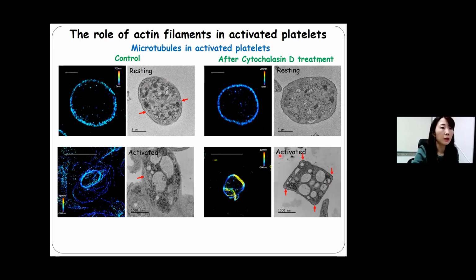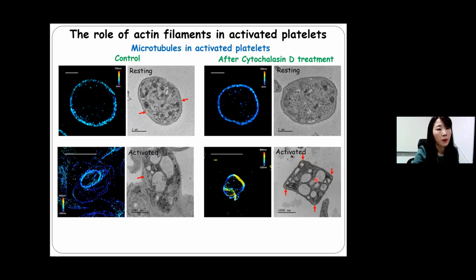But in the activated actin-depolymerized sample, we could observe this very interesting square shape of the platelet. And from this image, we could also observe the microtubule bundles at the four corners.